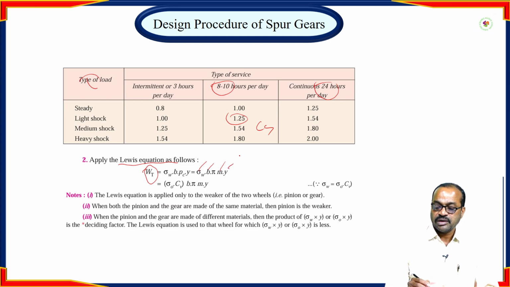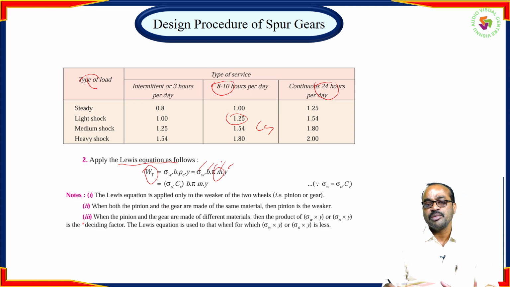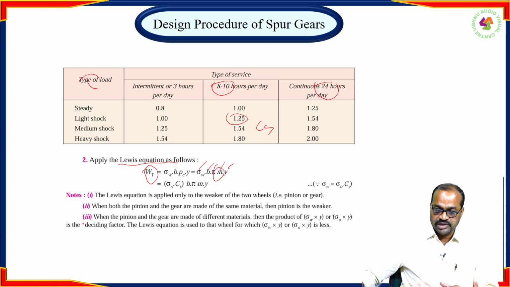By substituting all those values, you will get another WT. So at the end of the second step, we will have 2 WT, that is 2 tangential tooth loads. By comparing that, the unknown value module may be calculated. I will show in the next slide.